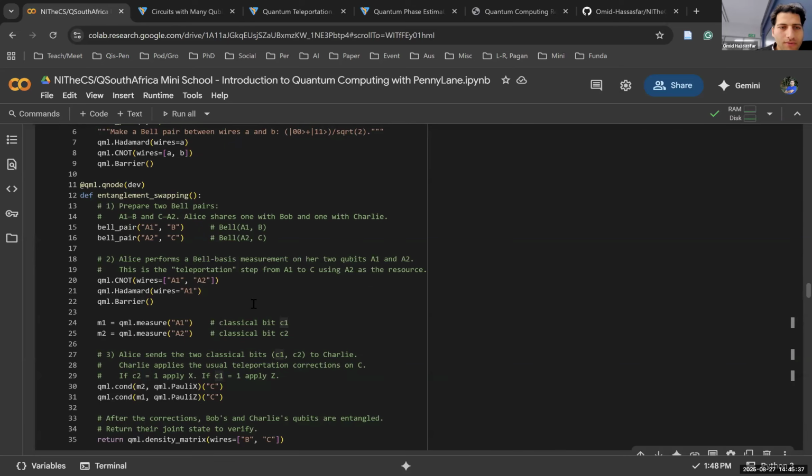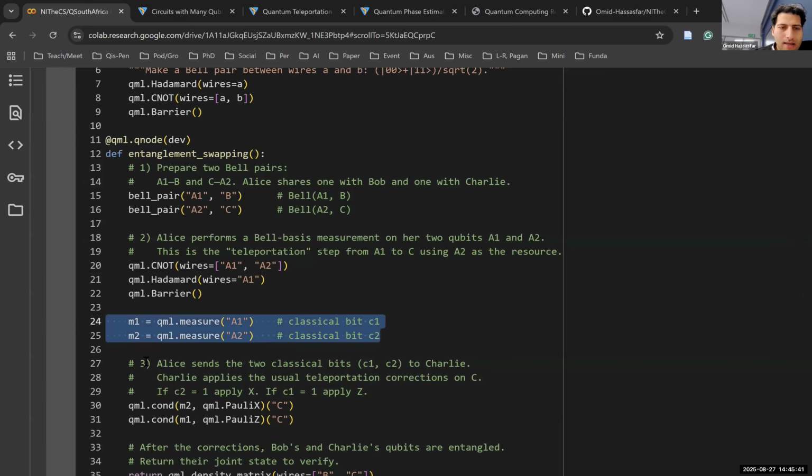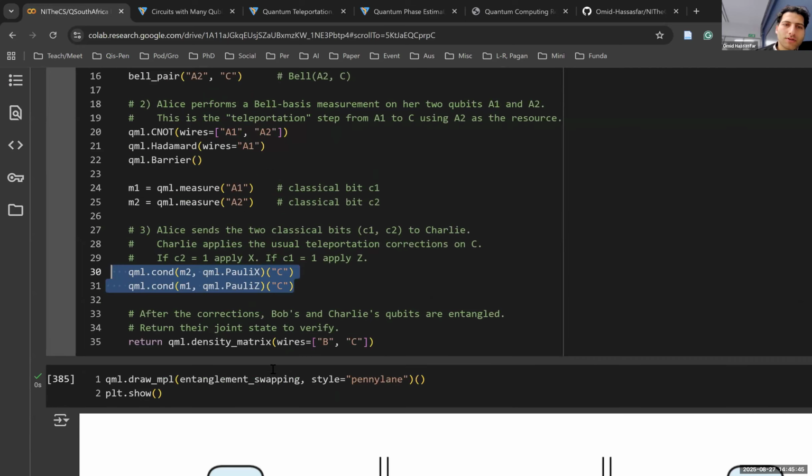Let me quickly go through this. All is measured, and this is the conditional measurement. Alice sends the 2 classical bits, 0 or 1, to Charlie, and Charlie applies the usual teleportation correction on his qubit.